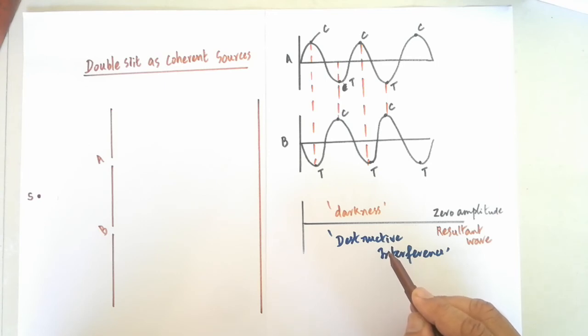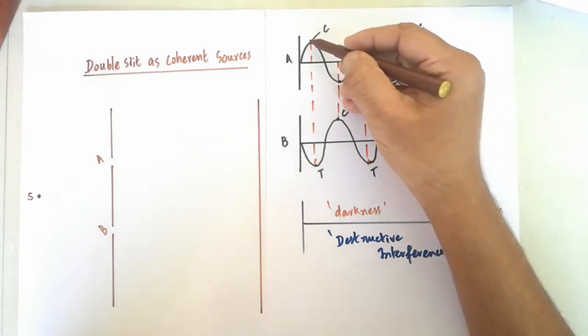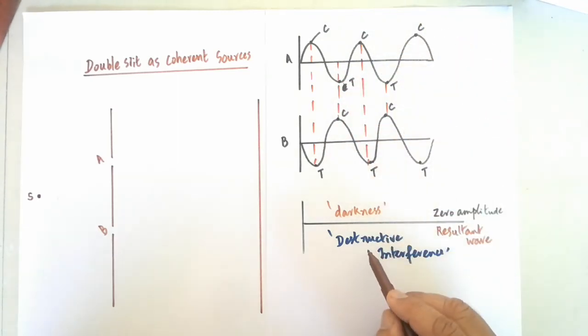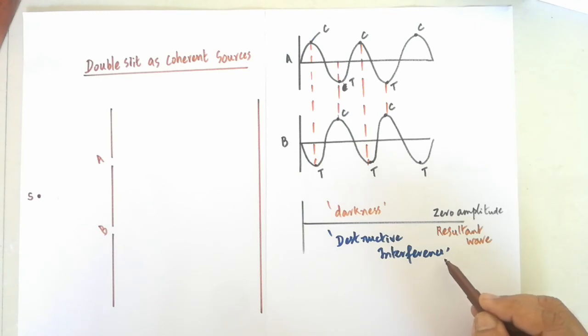In the previous case, we have seen that when crest and crest, or trough and trough, are superposing with one another, constructive interference was seen. Now here, the crest and trough points are superposing with one another. Because of that, destructive interference will happen.